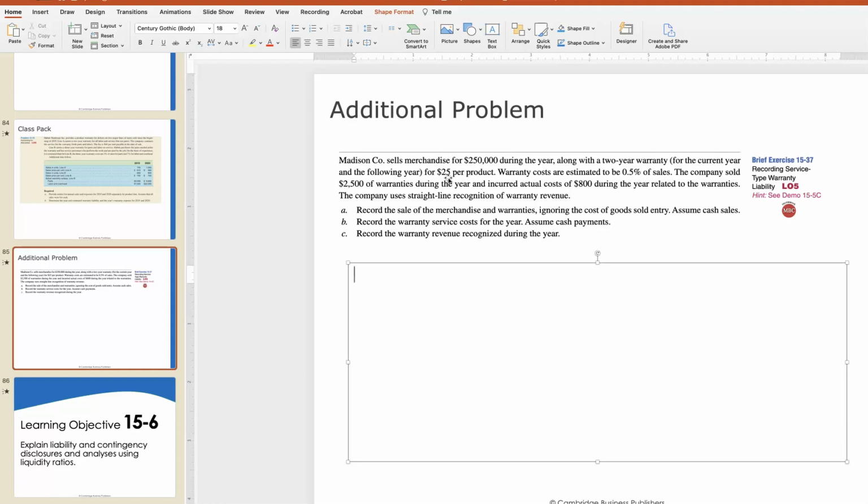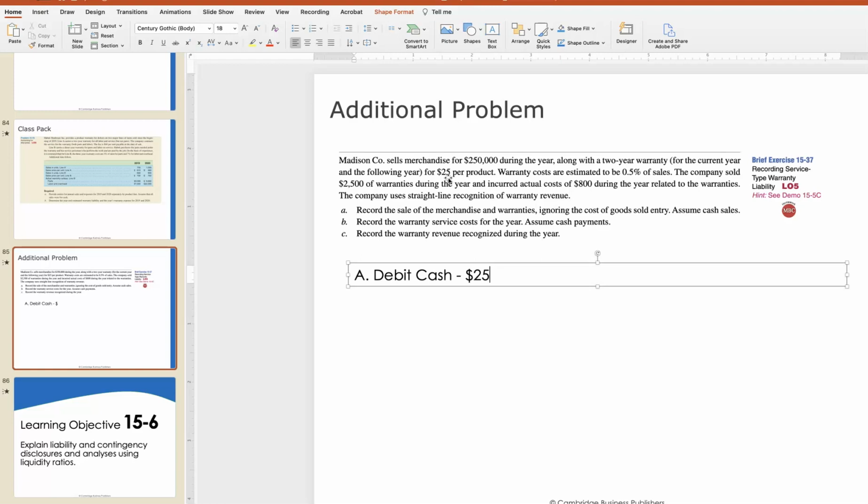So let's start with A. Record the sale of merchandise and warranties, ignore cost of goods, and we can assume cash. So for A, I'm going to debit cash $250,000. I'm also going to debit cash for the warranty money that folks gave me.